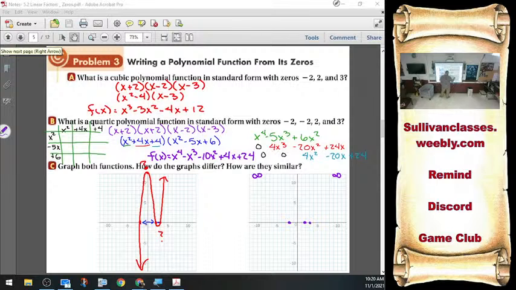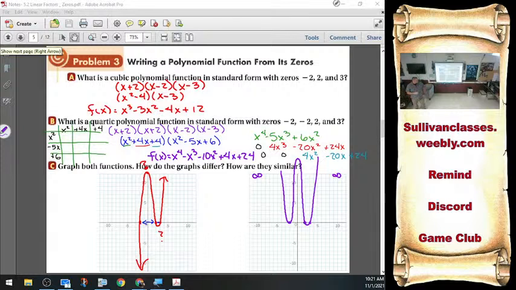How do I know that this thing is going to look like that? Okay, the end behavior tells me it's going to start there, but how do I know what it's doing at those spots?